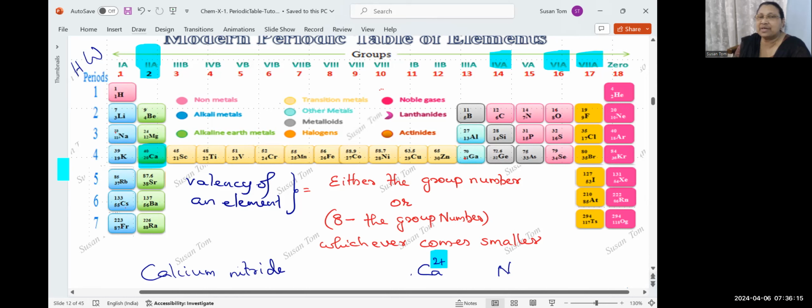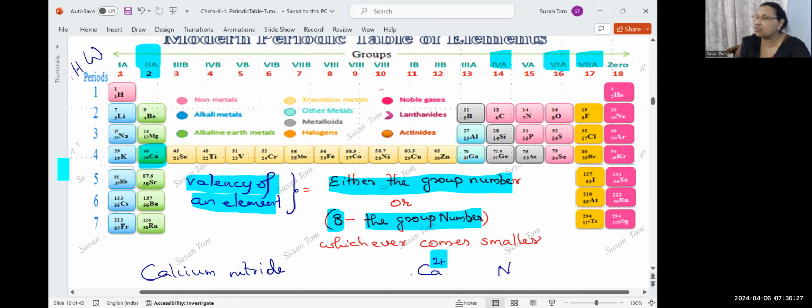Now I gave you an equation. Valency of an element in the periodic table is either the group number or 8 minus the group number, जो उसमें से smaller है. नाइट्रोजन का कौन सा ग्रुप नंबर है बताओ? 5th ग्रुप नंबर. तो इसकी वैलेंसी या तो 5 हो सकती है या 8 minus 5 हो सकती है.